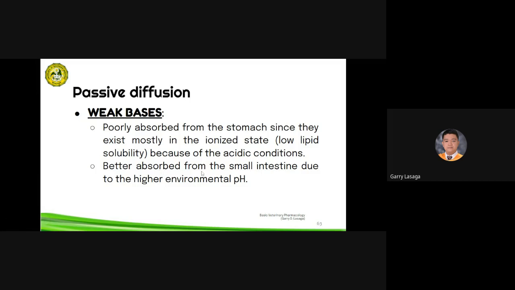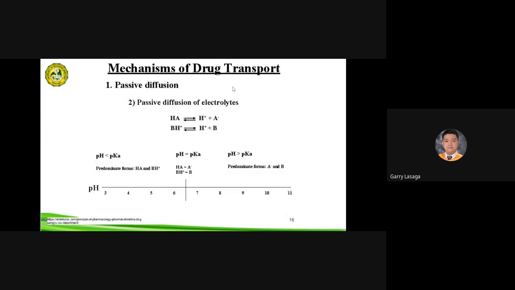They are better absorbed from the small intestine due to the higher environmental pH in the intestine. So this is our passive diffusion for a weak acid and a weak base.